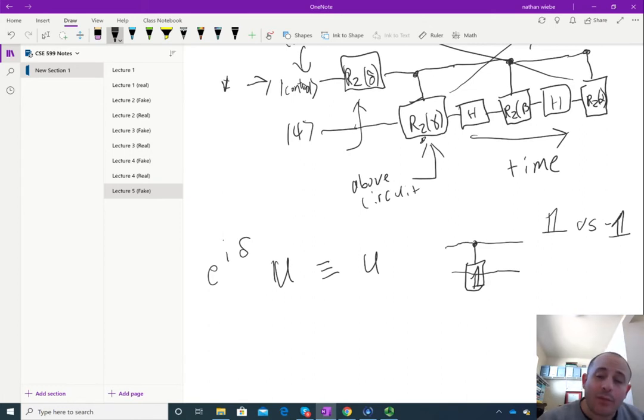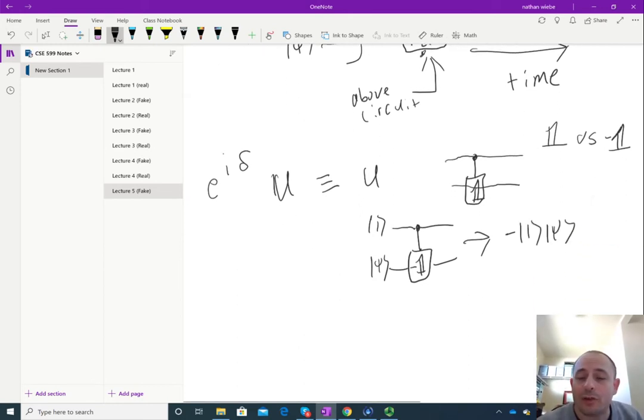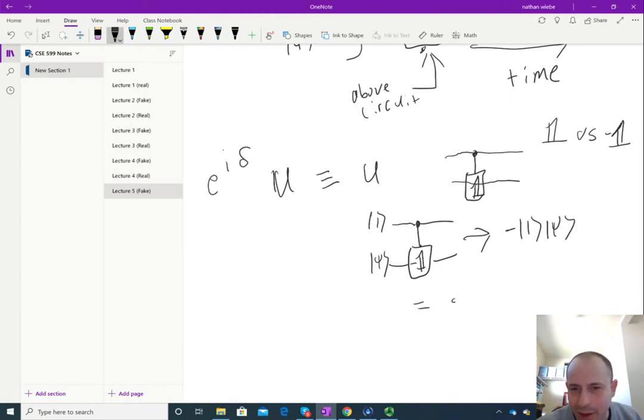However, if we have the controlled negative identity over here, what this will do is this will map 1 and psi to negative 1 and psi. So the controlled negative identity is actually equivalent to the circuit Z on psi, okay?